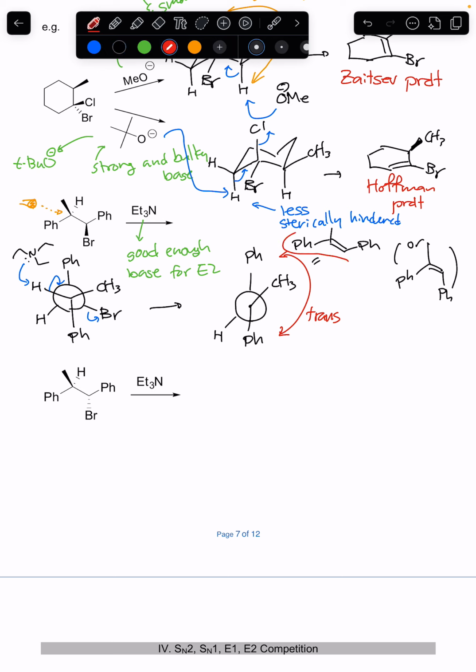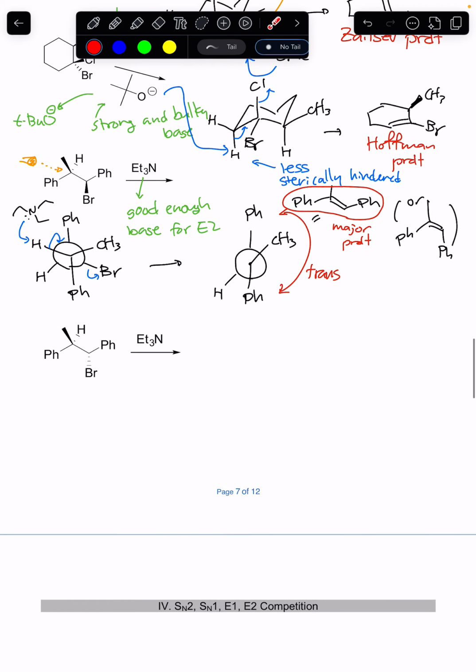When I say because of this Newman projection requirement or E2 requirement for anti-coplanar, as opposed to, let's think about this example. This is a diastereomer of the earlier example. Now, what kind of transition state with this required?